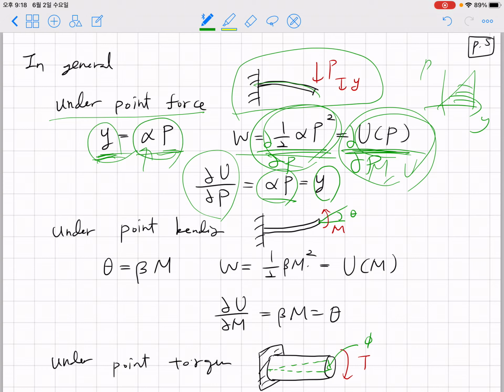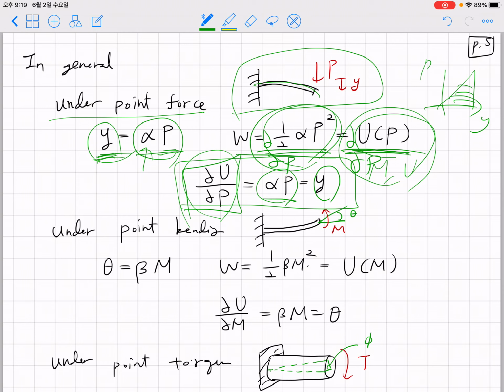So y, the deflection, can be obtained from partial U over partial P. Okay, so if you have the expression for potential energy in terms of the applied force at some point, and you do the partial U partial P operation, then you can obtain the deflection at that point along the direction of the force. Okay, so this is what this derivative relationship implies.